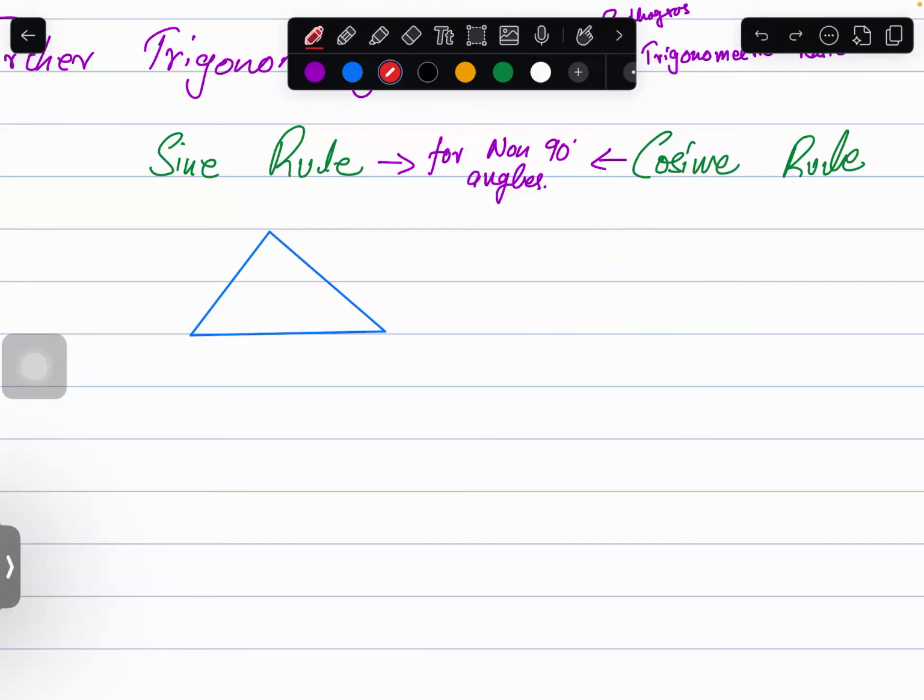If it is a 90-degree, they will make a box there. If it is not made, it means that it is not a 90-degree. So the very first thing you need to understand about the sine rule and cosine rule is that the triangles are always going to be non-90-degree.